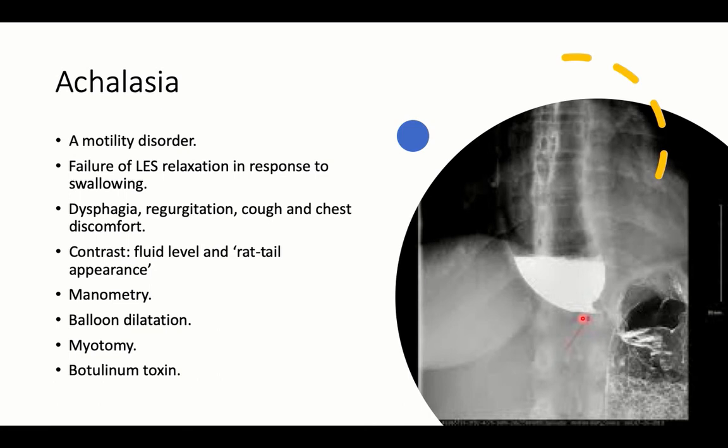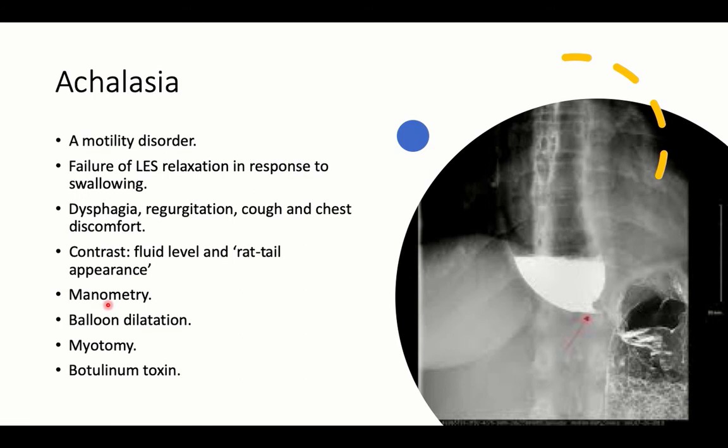This motility disorder presents mainly with dysphagia, with regurgitation, and due to aspiration, cough and chest discomfort, or even chest infections can present. In those cases, a contrast study in the form of barium swallow is usually used for diagnosis. Barium swallow will show a characteristic fluid level in the lower part of the esophagus.